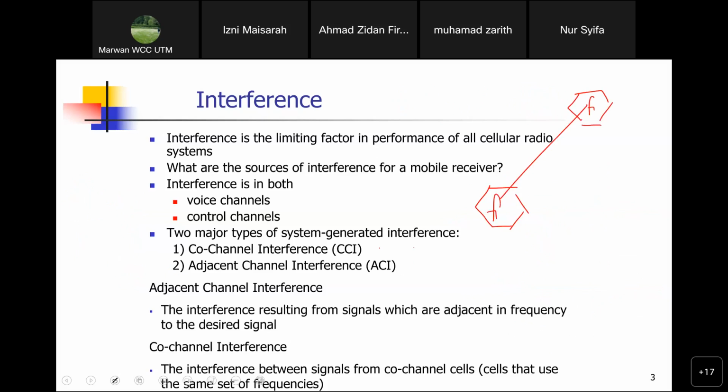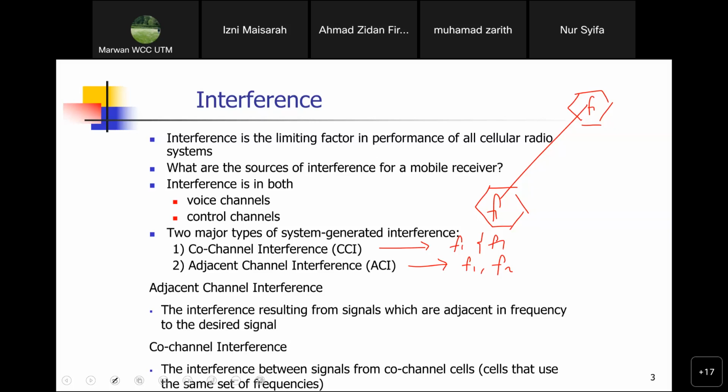So that is co-channel interference. This is because there is another cell that's sharing the same frequency. Another one is interference because of your neighboring frequency. So this is between F1 and F2, and this is between F1 and F1. Okay? So these are the two types of interference that exist in our cellular network.